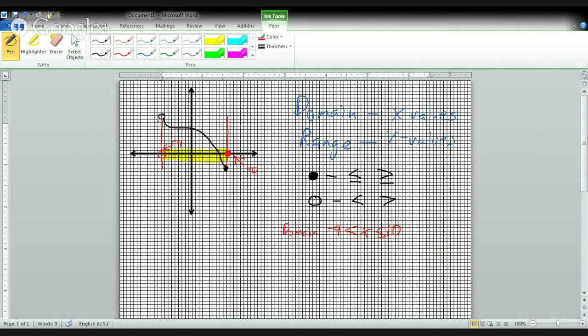And for range, let's use a different color. Let's see if green will show up good. For range, we're going to look at our y values. Since we know it has a maximum value and a minimum value, I can go ahead and just put in my symbols and we'll fill in if it needs an equal sign on it.